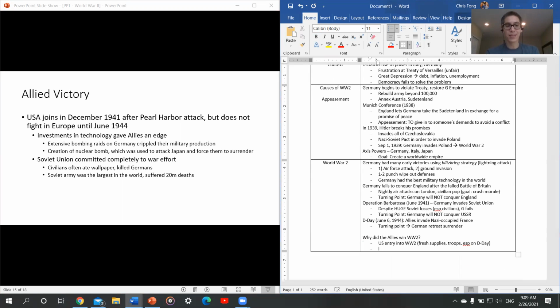Also, the US invested in military technology. So the Allies did all sorts of bombing raids, especially at Dresden, which was an industrial town in Germany. The US dropped so many bombs in Dresden that it literally created a firestorm.